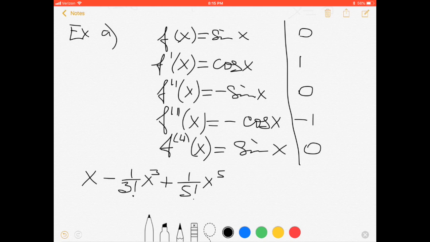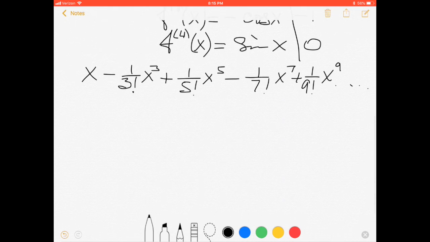Next non-zero is the seventh derivative, minus 1 over 7 factorial x to the 7. And you can continue, and you have plus 1 over 9 factorial x to the 9, and continue. This will be the Maclaurin series for function sine x.